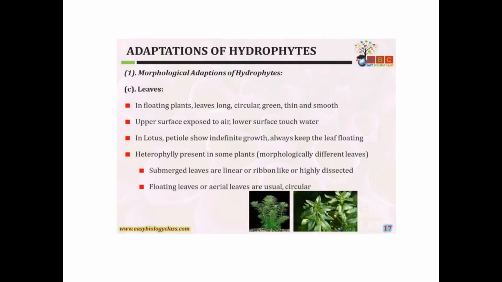Next one is the leaves. Generally there are modifications in the leaves. First was the root, next the stem, next the leaves. In floating plants, leaves are long, circular, green, thin and smooth.